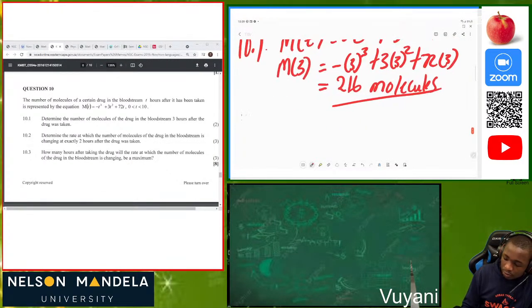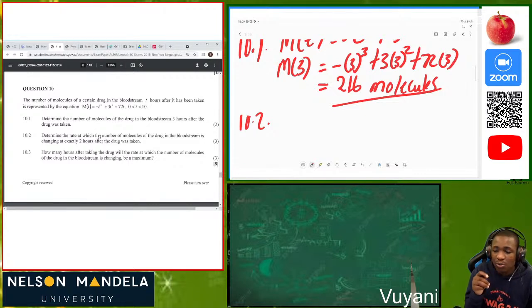For 10.2, they said determine the rate at which, which means they need the first derivative. Velocity, acceleration is the rate at which, so the rate means we are now determining the first derivative.